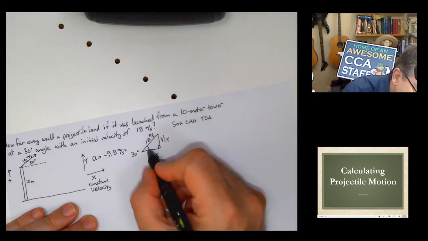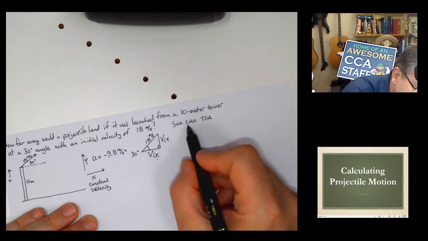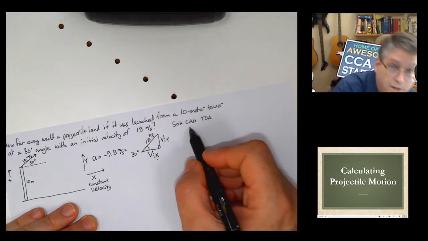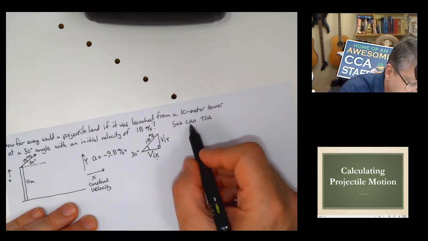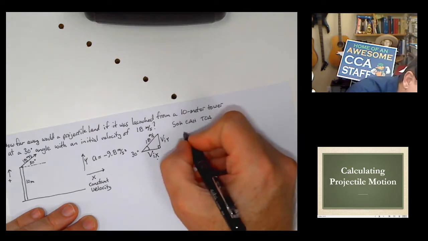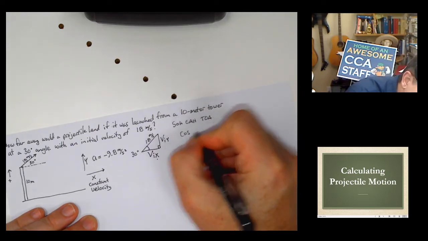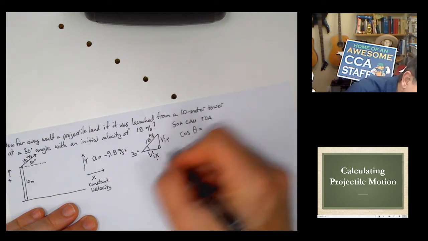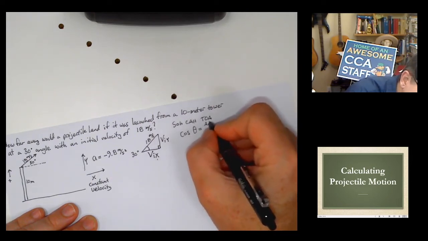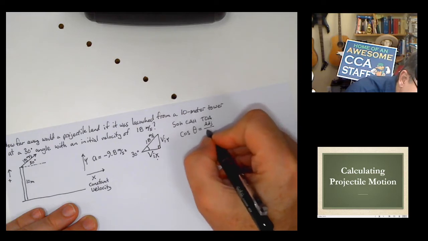This is the leg that's touching the angle, so that's going to be cosine, because cosine is adjacent. Adjacent means touching, butted up against. The cosine is the adjacent divided by the hypotenuse. So the cosine of the angle equals the adjacent leg divided by the hypotenuse.